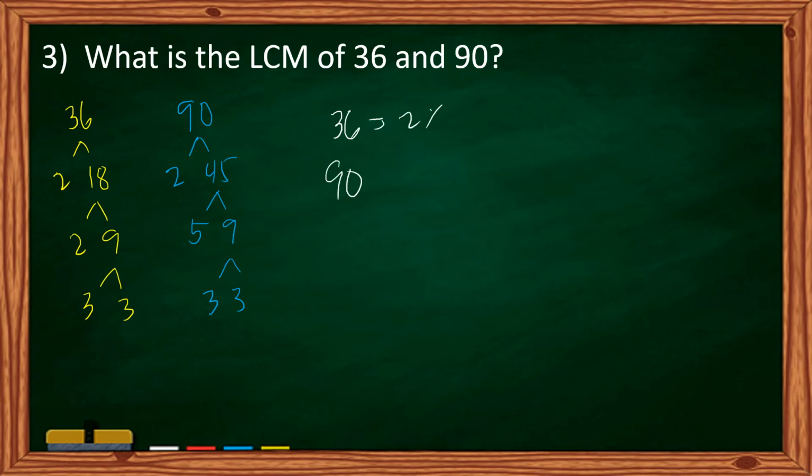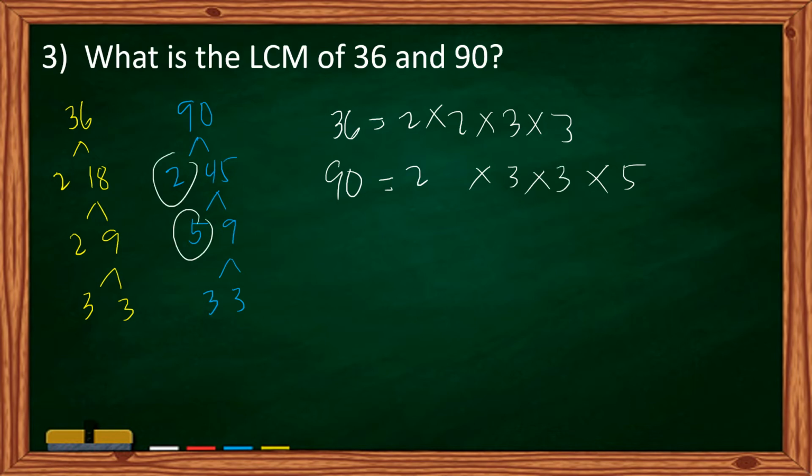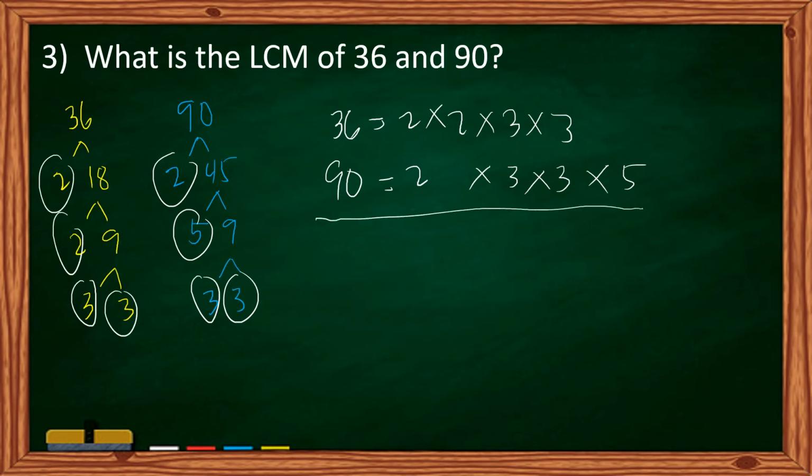So 2 times 2 times 3 times 3. Then for 90, you are given 2 times 5 times 3 times 3. Okay, so ito po siya. Ito naman for 36.